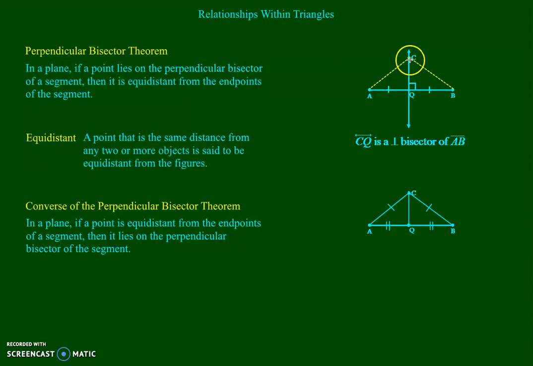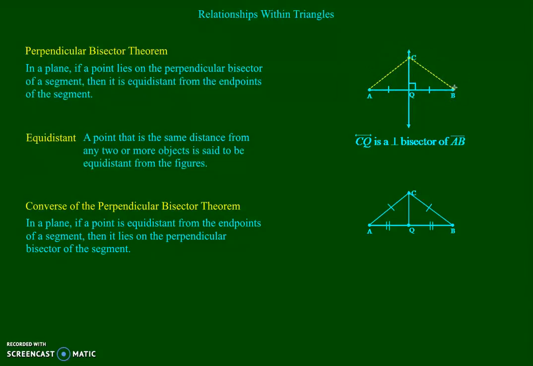Therefore, we know that CQ is congruent to itself by the reflexive property, and so triangle AQC is congruent to triangle BQC by side angle side. So we know that congruent parts of congruent triangles are congruent, so AC must be congruent to CB, and therefore proving this perpendicular bisector theorem that if a point is on the perpendicular bisector, it's equidistant from the endpoints.